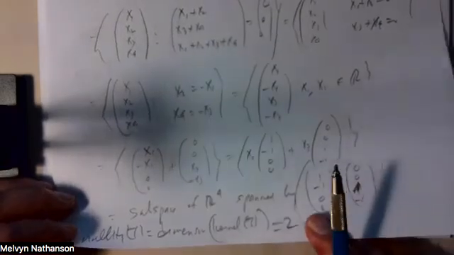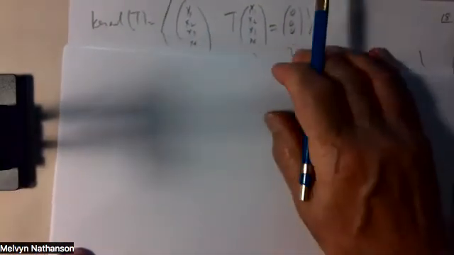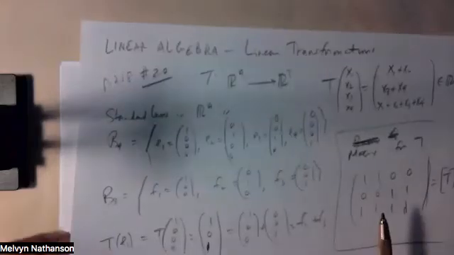So that's the kernel and the nullity. And then I need to try to calculate the image and the rank.